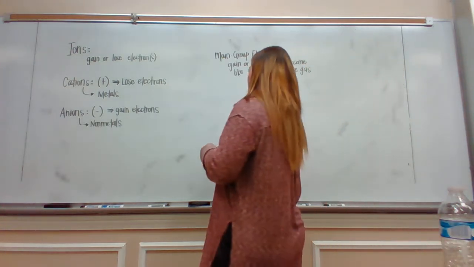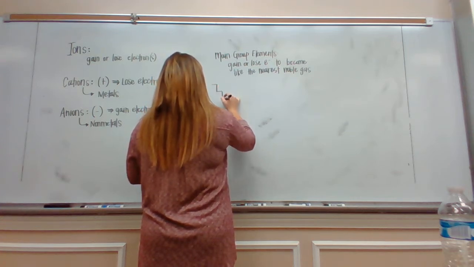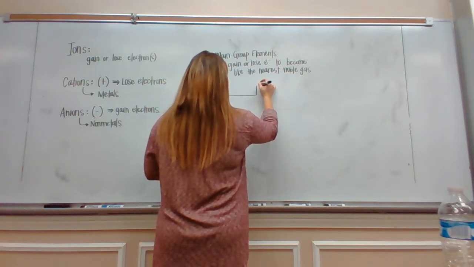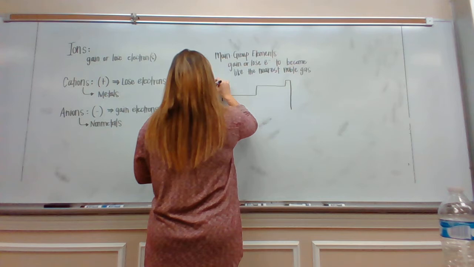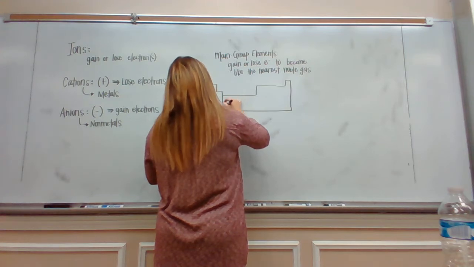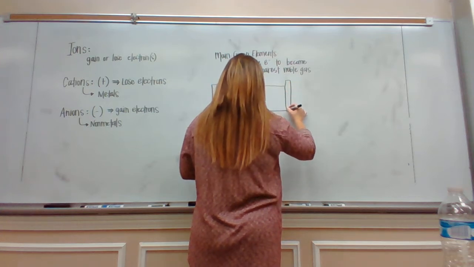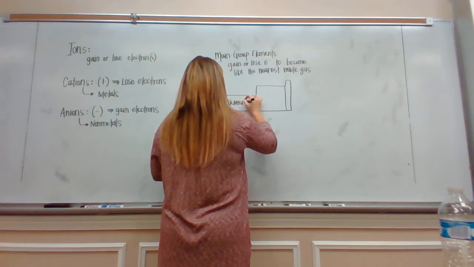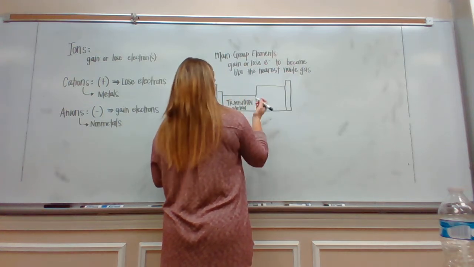Okay? So, let's start with group 1. So your main group elements, you can predict or you can know what kind of cation or anion they form. They do that every time.